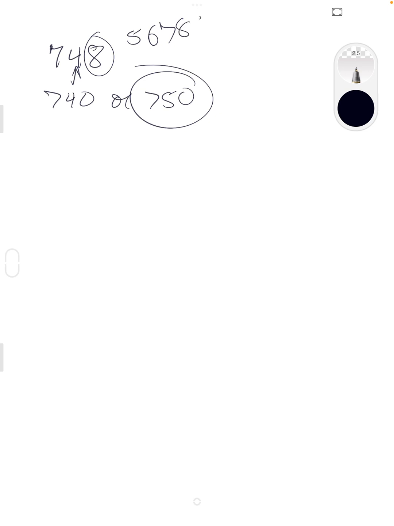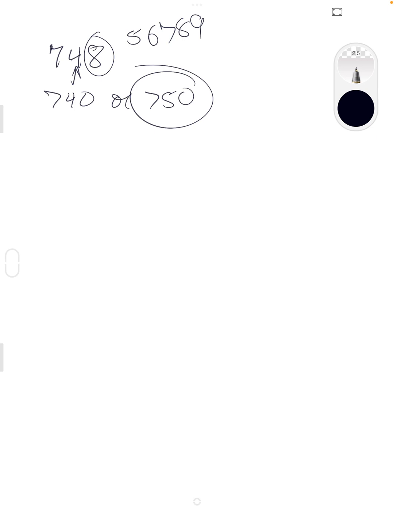So it's either going to be 740 or 750. Well, it's closer to 750. That's the answer. Another way to look at it is, here's the 4. Is this number a 5, 6, 7, 8, or 9? Yeah, so it's going to go up 1. So it's not going to be the 4. It's going to be the next one up. And so that's the deal on that rounding.